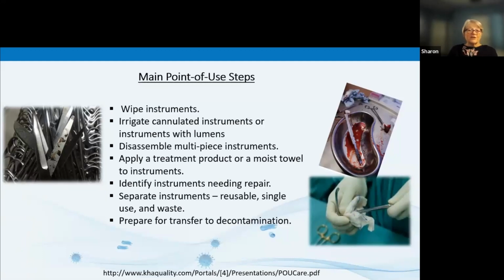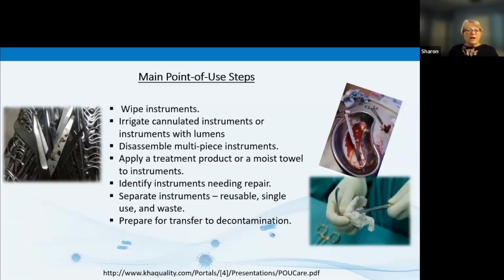Next, we disassemble instruments with multiple pieces to allow cleaning solutions to contact all of the surfaces. Now, if cleaning solutions can't reach all the device surfaces and can't get into those crevices or hinges or all those little areas they need to go, that organic material and debris can remain on the instrument, so proper disinfection or sterilization isn't achieved.